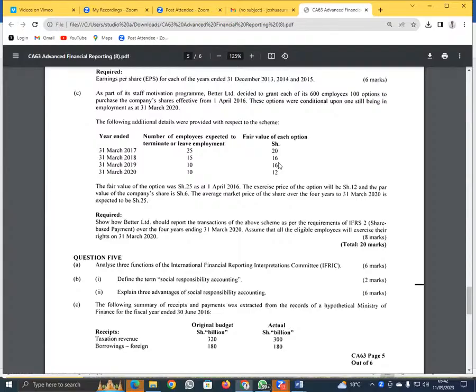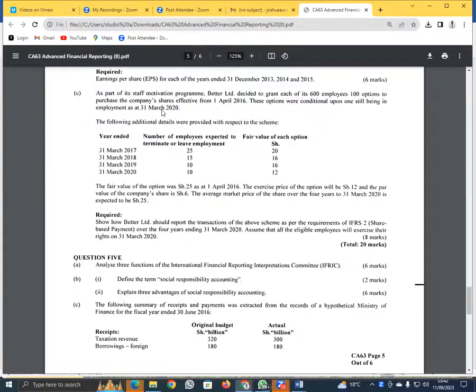All right. So then I would want somebody to look at this date, 1st April 2016. This is when we made the promise. And these guys are going to be given these shares on 31st March 2020, when those ones will still be with us in employment by that time, right?